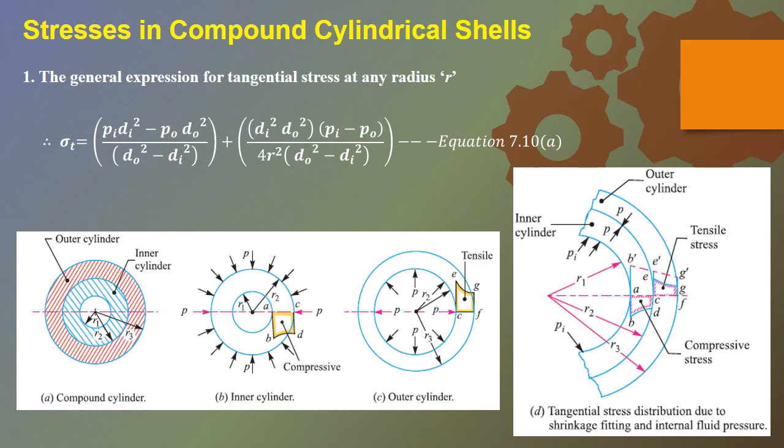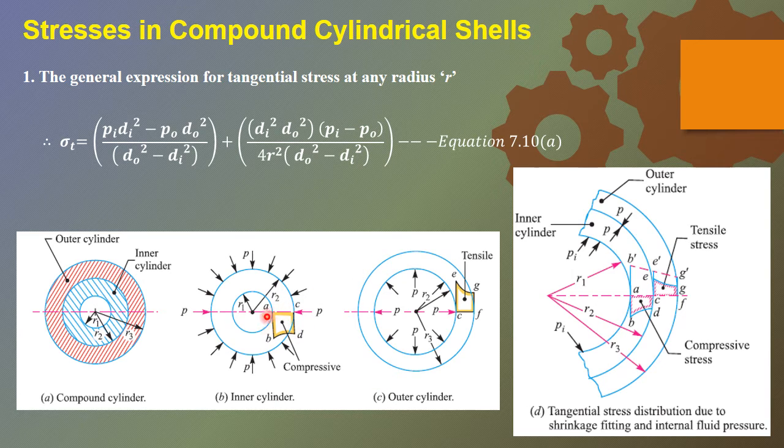As I was saying previously, after shrink fitting, once you cool down the compound cylinder, contact pressures will be generated at this particular interface. This is the inner cylinder and this is the outer cylinder, as mentioned here.